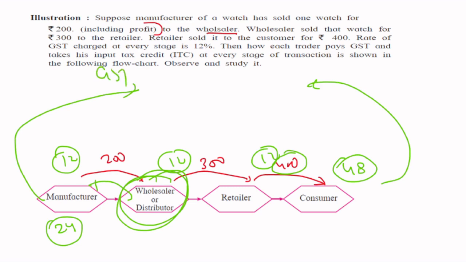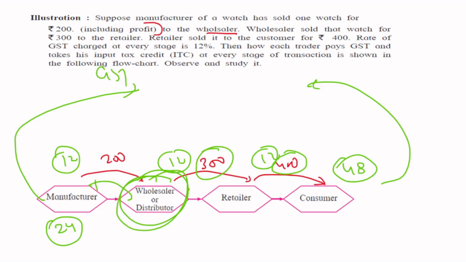But what next? The wholesaler has just paid 24 rupees to the manufacturer, but now he is selling that product with profit for 300 rupees, right? So 12% of 300 will be how much? 36, right?